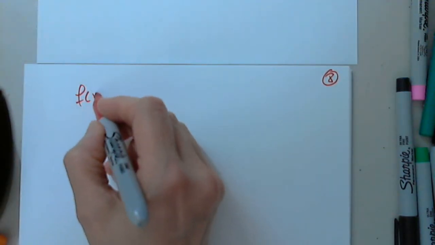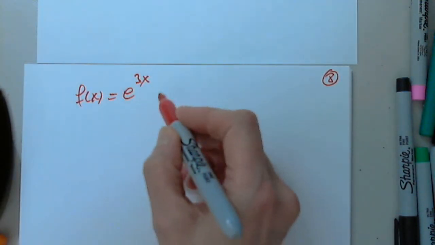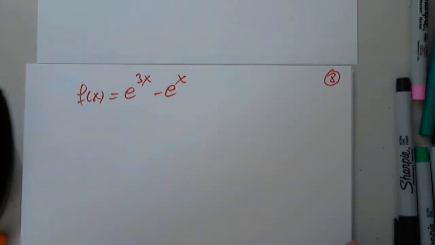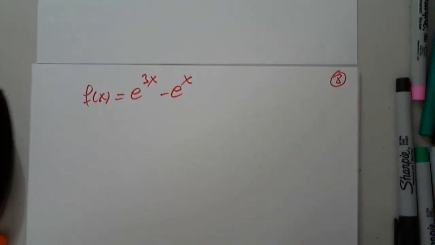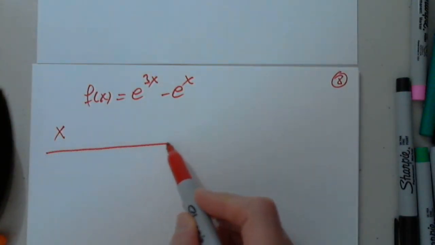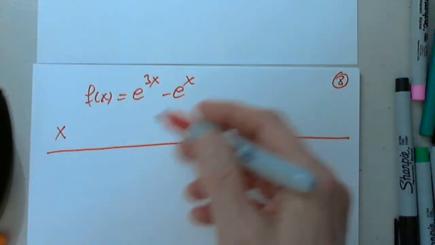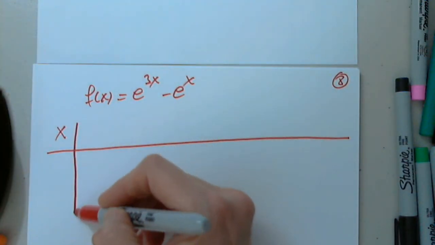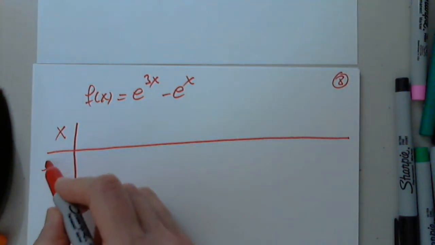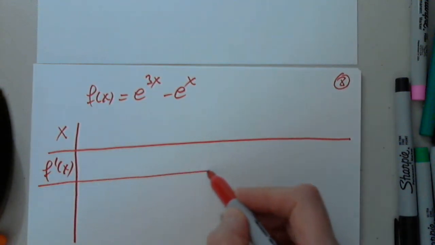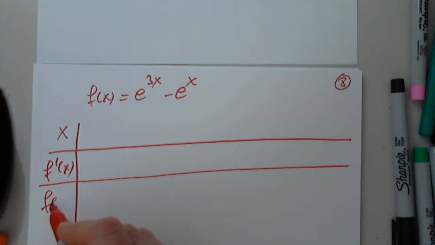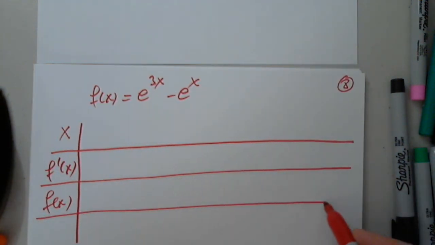So this is f of x equals e to the 3x minus e to the x. These problems get more and more difficult. They're not easy. A quadratic function is one thing; exponential, rational, logarithmic are different things. So f prime of x, f of x, and the second derivative.